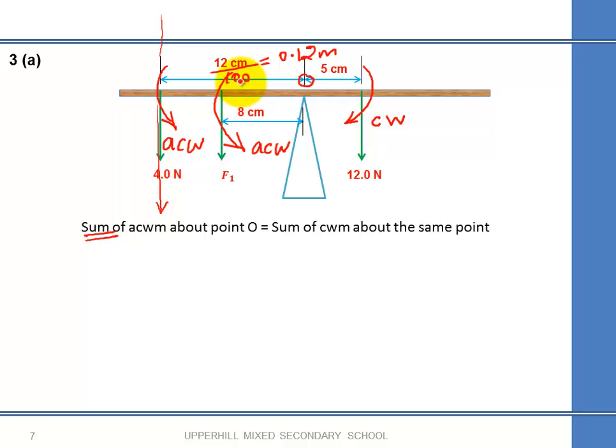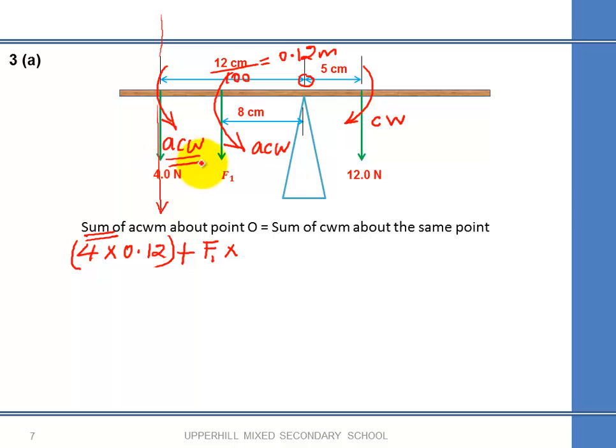I need you to remember that. So the moment due to the 4 Newton force about point O is 4 times the distance 0.12. This is anti-clockwise moment. The other anti-clockwise moment is due to F1. That is why we are adding, because we are talking about the sum of anti-clockwise moments.